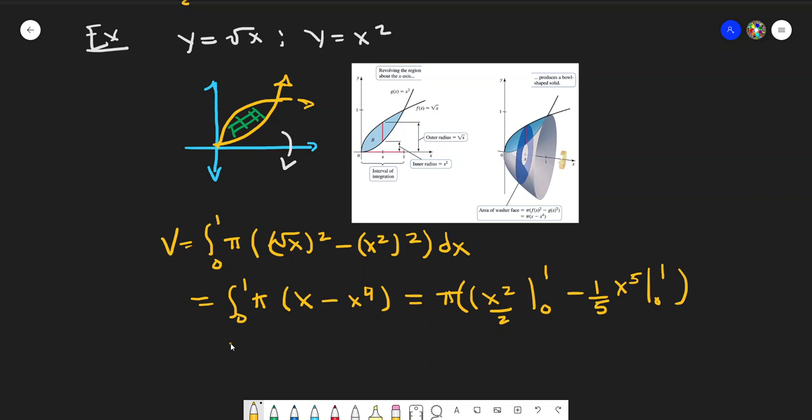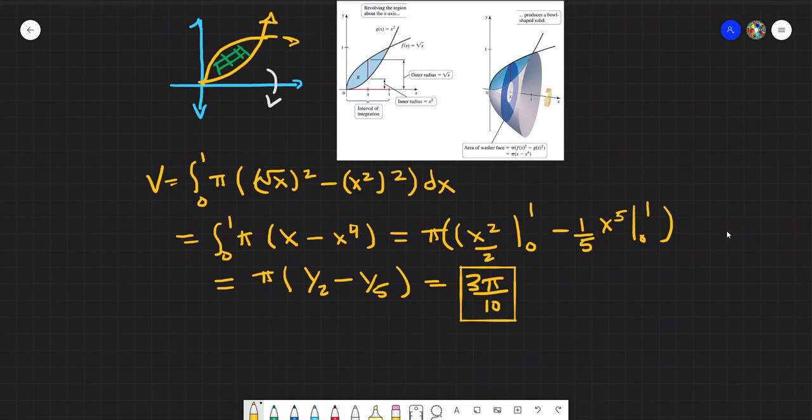And then here we'll just say that's pi times 1/2 minus 1/5, and when we put this together, we end up with 3 pi over 10 units cubed. This is going to be the volume of our solid.